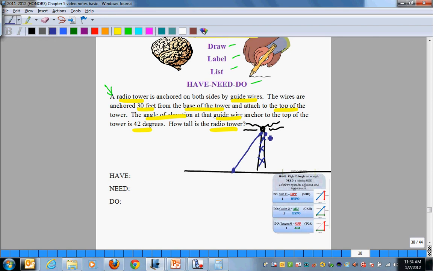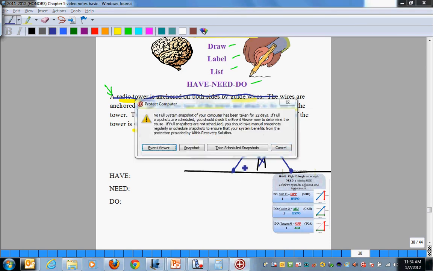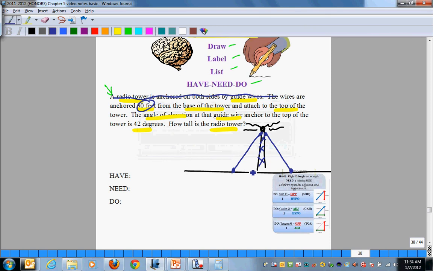And there's guide wires on both sides. So we have a radio tower, guide wires. The guide wires are 30 feet from the base. So here's the base, 30 feet. So this right here is 30 feet.